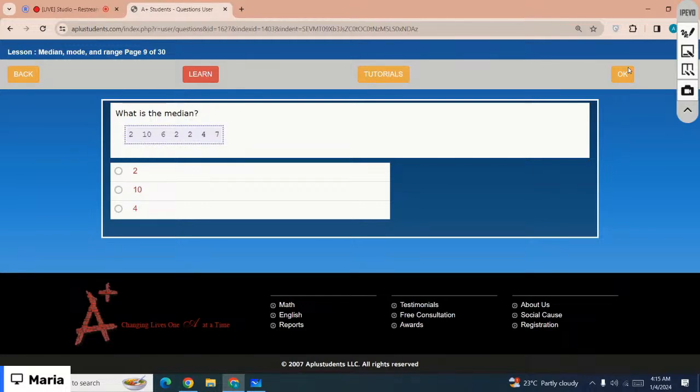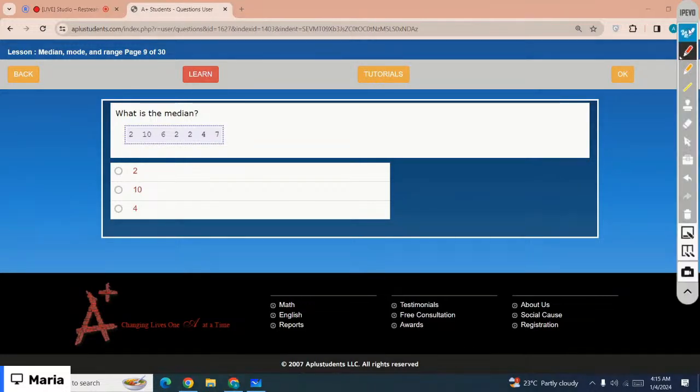Just arrange the data from least to greatest and you will find the median. That is 2, 2, 2, 4, 6, 7, 10. So 4 is the number that divides the data into exactly two groups. So the median is 4. Got it? The correct option is 4.